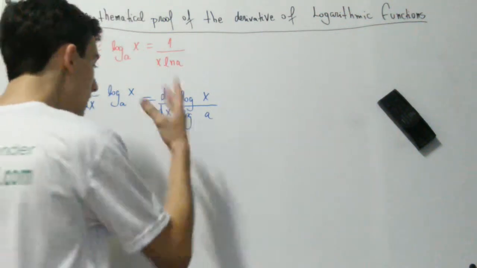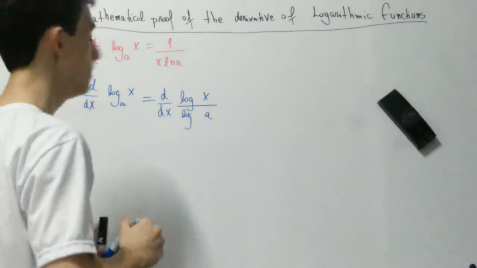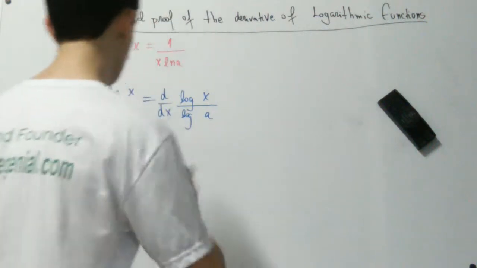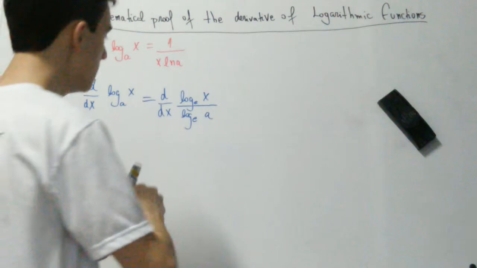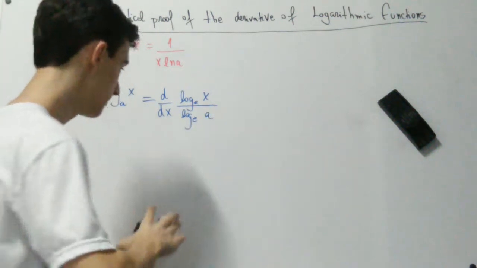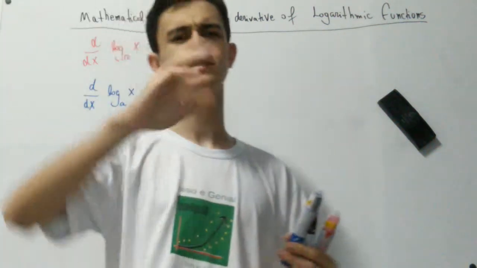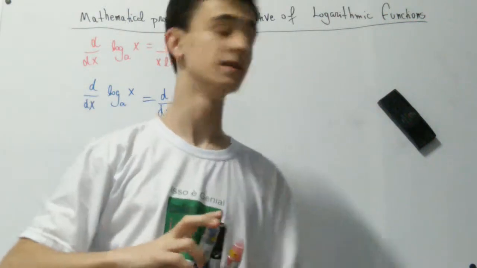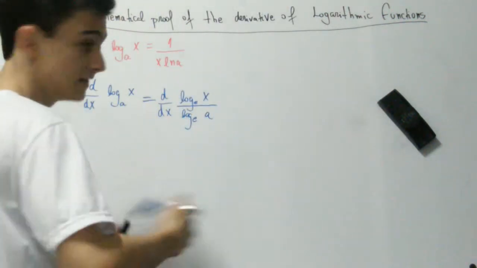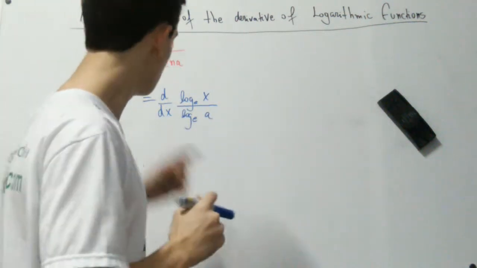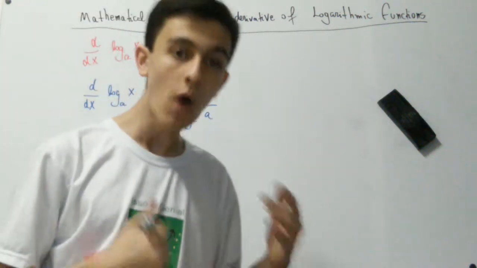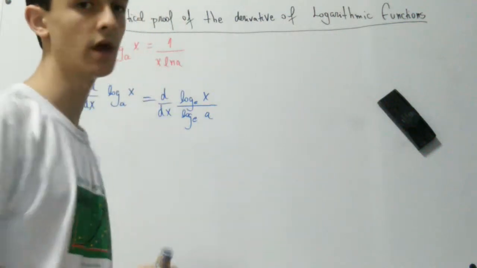And what new base are we going to use here? Well, we're going to choose the number e as a base. e is Euler's number. It's 2.7 something. It's an infinite number, and it's a constant. And this number appears a lot in calculus, and we're going to see in the next video why this number is so important to calculus.